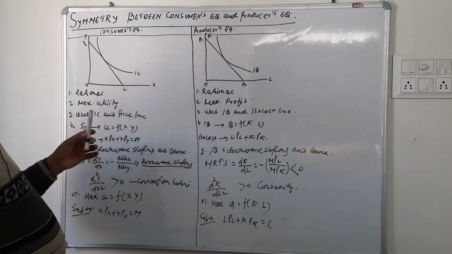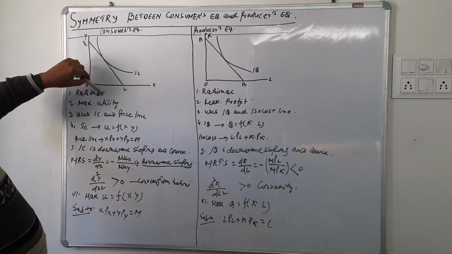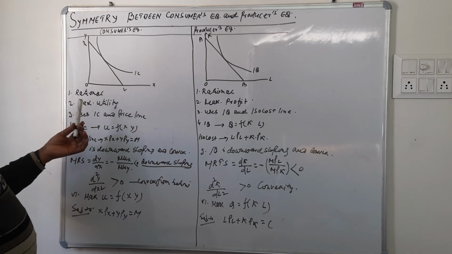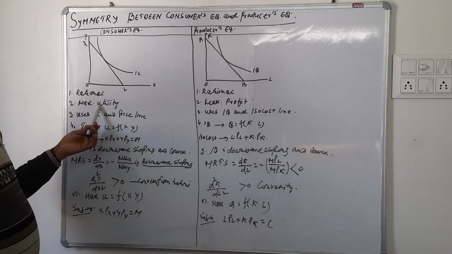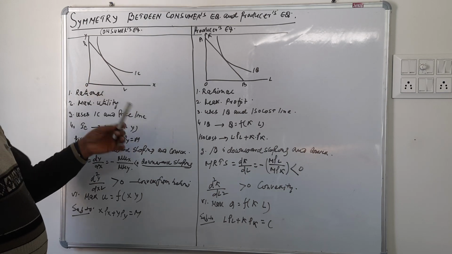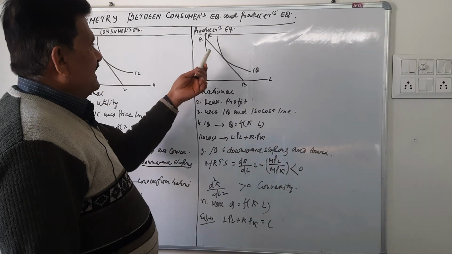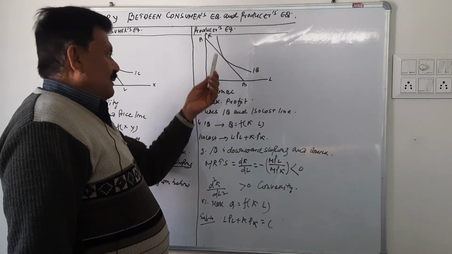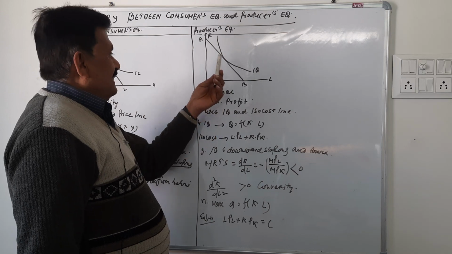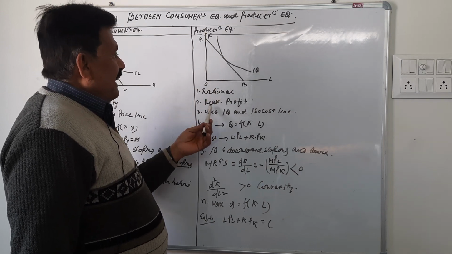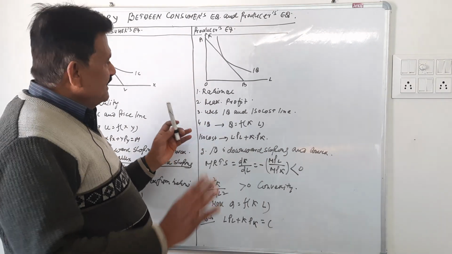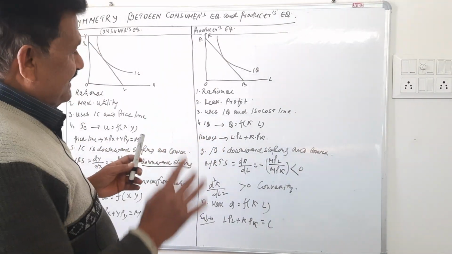What does it mean? Consumer is rational in the sense that the consumer always tries to maximize utility when he consumes goods. On the other hand, producers are rational because they always try to maximize profit. So this is the meaning of rationality in economics.